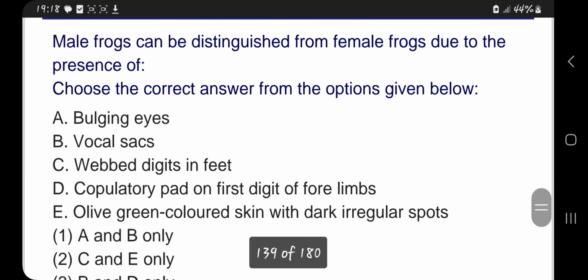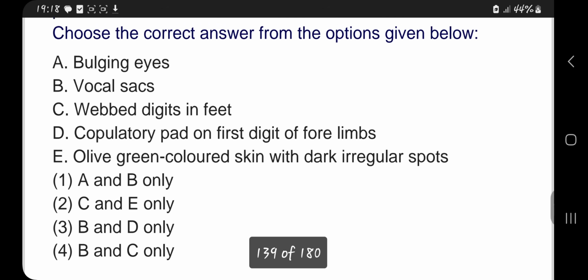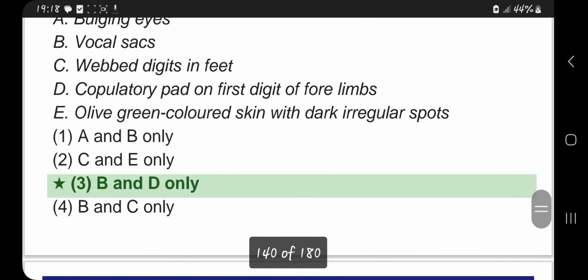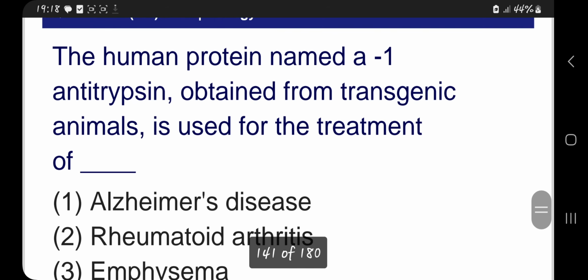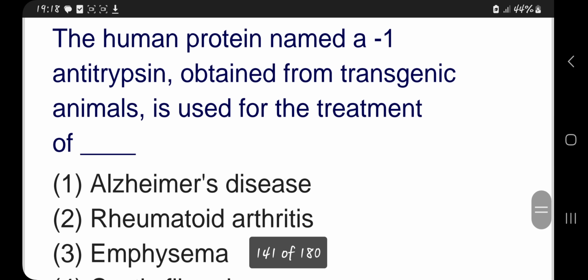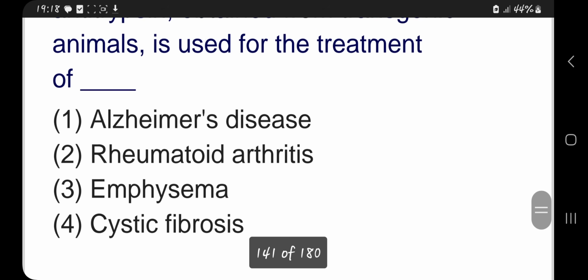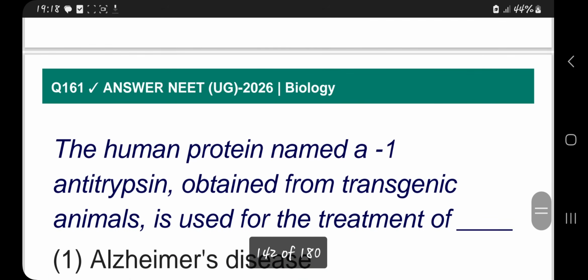Male frogs can be distinguished from female frogs due to the presence of bulging eyes, vocal sacs, web digits in feet, or copulatory pad on first digit of forelimbs. So B and D, the third option is correct. The human protein named alpha-1 antitrypsin obtained from transgenic animal is used for the treatment of emphysema, smoker's lungs. The third one is correct.